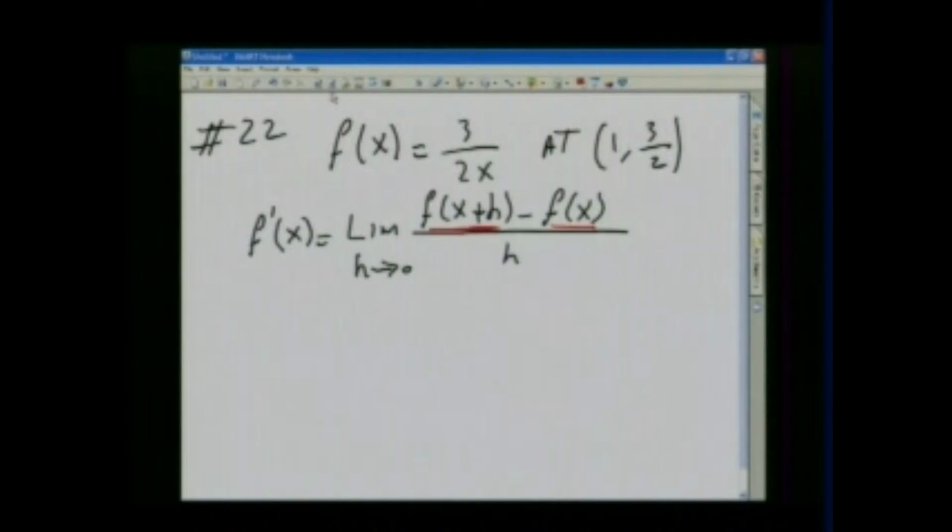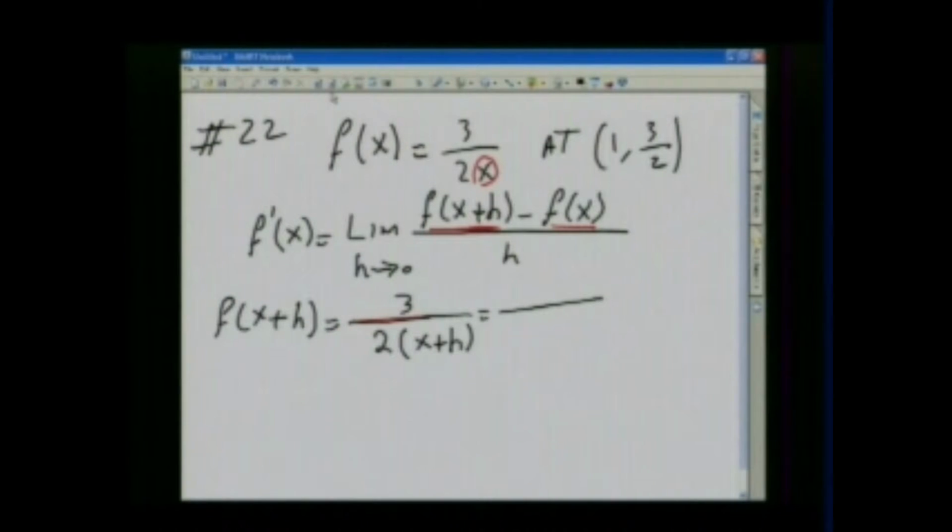So let's get on, and first we are calculating f of x plus h. That means in your function, which just happened to have only one place where you have x, you plug in x plus h for x. So this would become 3 divided by 2 times x plus h, which is equal to 3 divided by 2x plus 2h.